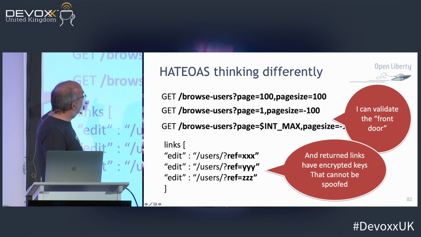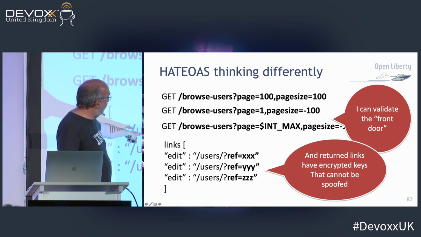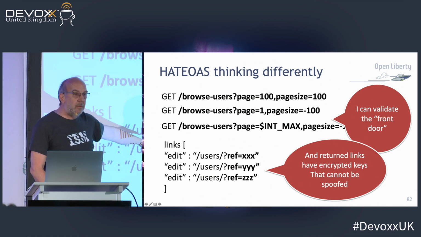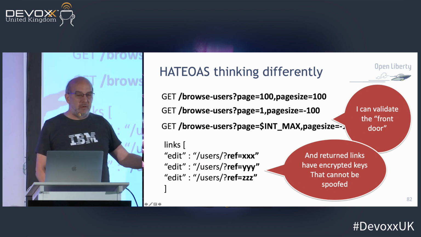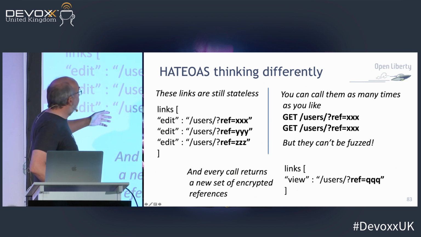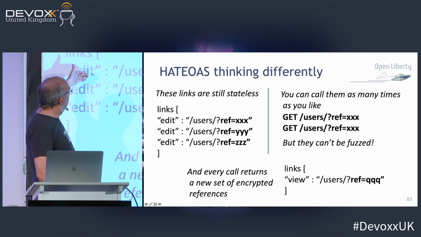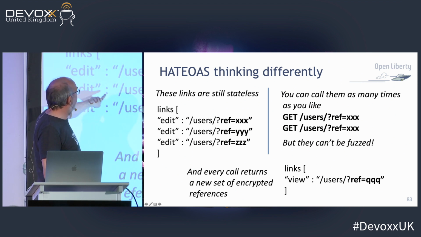Once I've got past that, okay, the links that I give back, once that's valid, which could be, say, a list of data, a list of users, each of these isn't user 1 or user 2, it's just an encrypted token. Okay? So the links are still stateless. So I have all these links, and it says, user 1, if you want to edit user 1, call this endpoint. You want to edit user 2, call this.